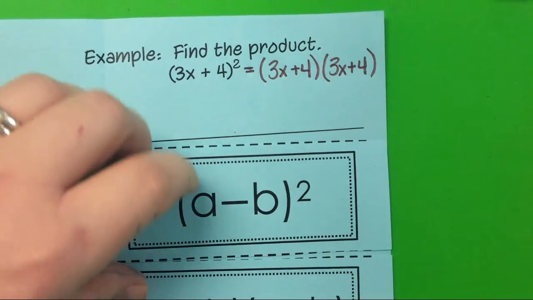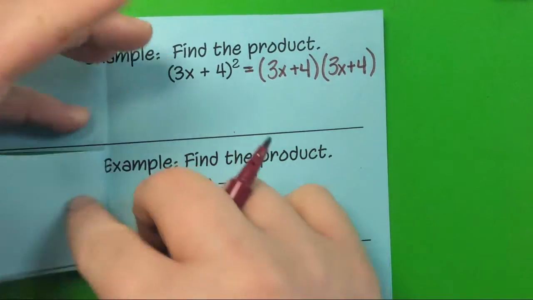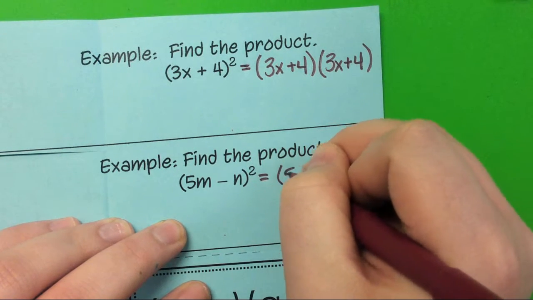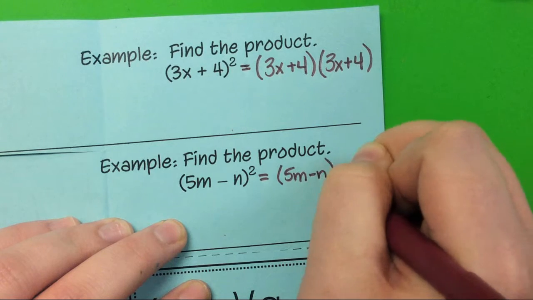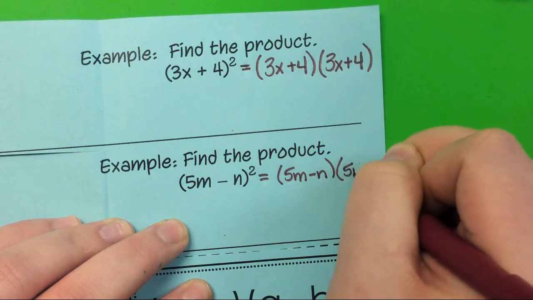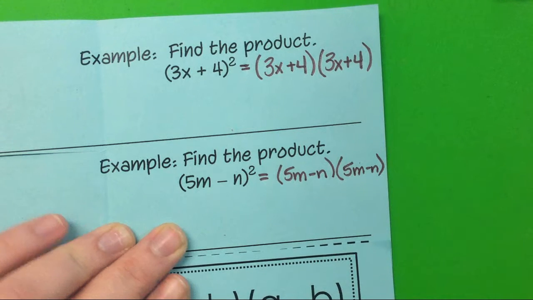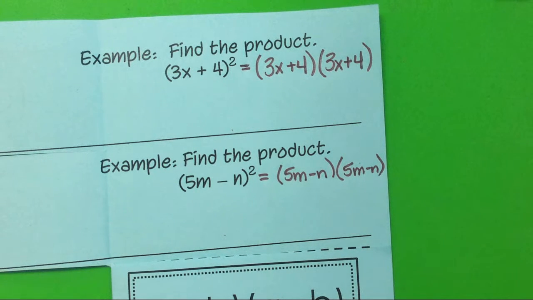In fact, I could go ahead and fill in the second flap. It's squared, so it's going to be 5m minus n and another 5m minus n. If it was cubed, there would be a third one of these. Since it's squared, there's 2. If it was cubed, there would be 3.